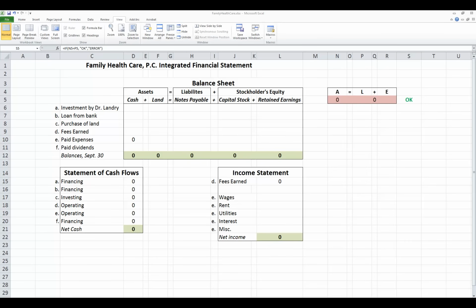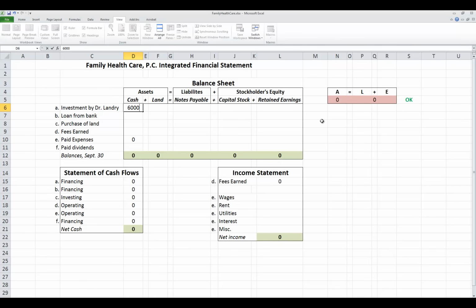So let's look at our balance sheet first. Now, where do we put it? Well, we're receiving cash. So we are going to receive a cash asset of $6,000. So we'll go ahead and type in $6,000. Now we know that it also has to go on the other side of the balance sheet. So it either has to go in liabilities or it has to go somewhere in stockholder equity.